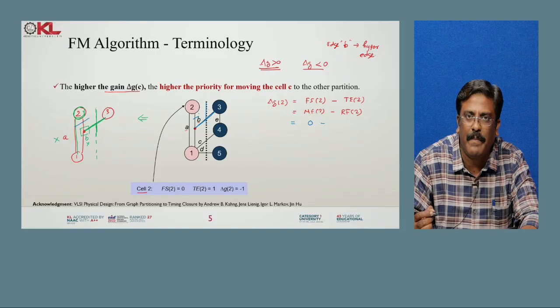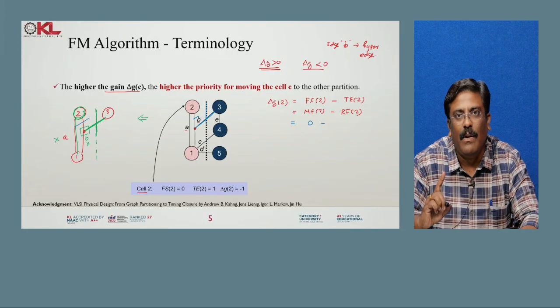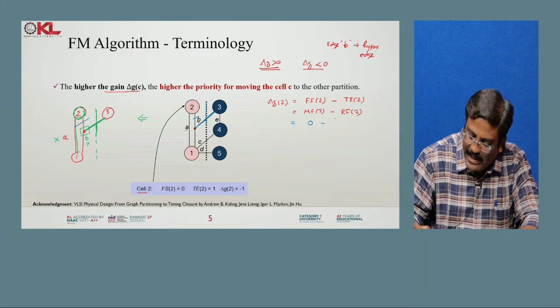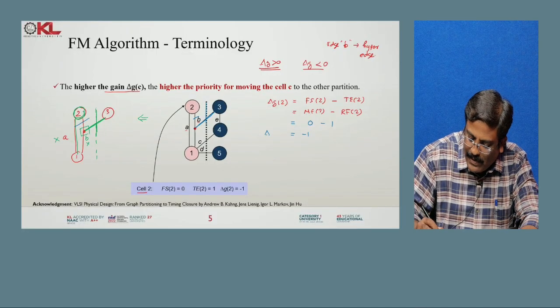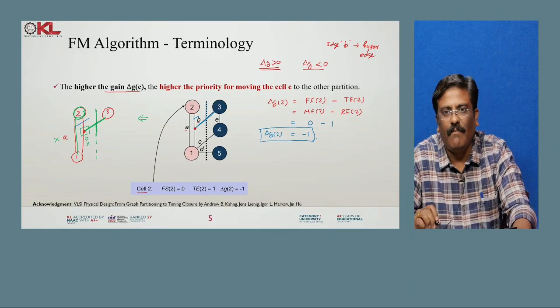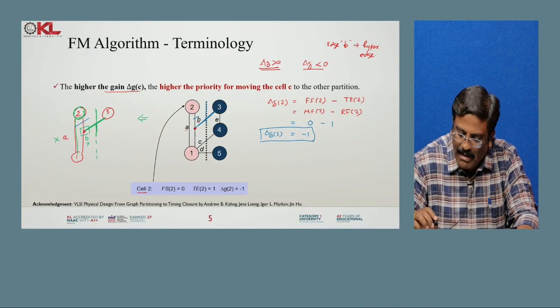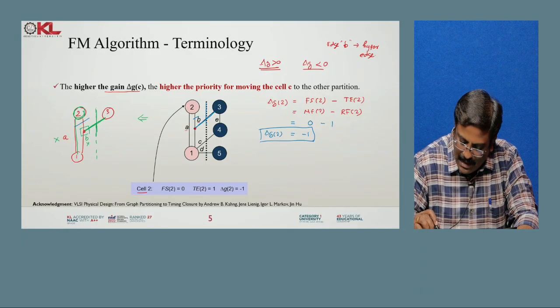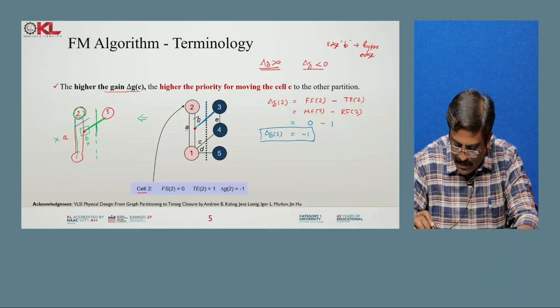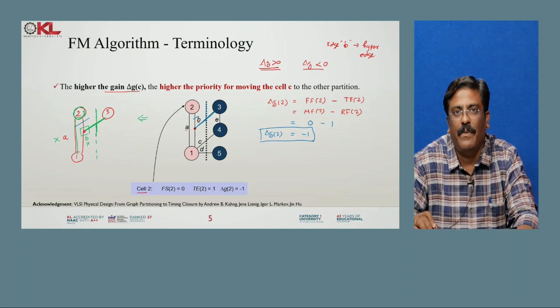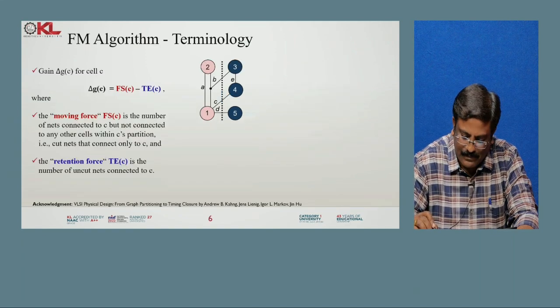So how many edges are cut by the cut line? Only one edge is cut by the cut line, so we can write 1. So 0 minus 1, the value of minus 1, we can say del G of 2 is equal to minus 1. Okay, so this is the way we can estimate the gain of a cell which is present on a graph, or the gain of a node which is present on your hypergraph over here.